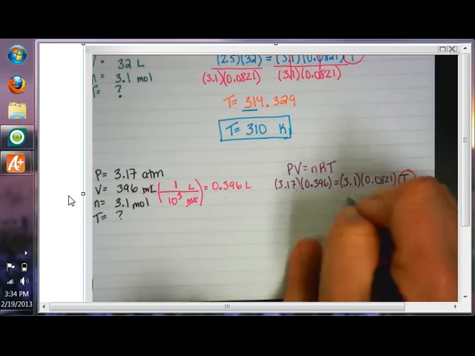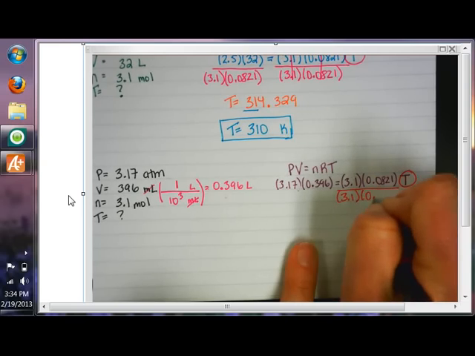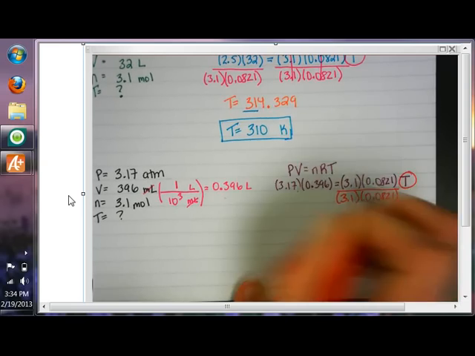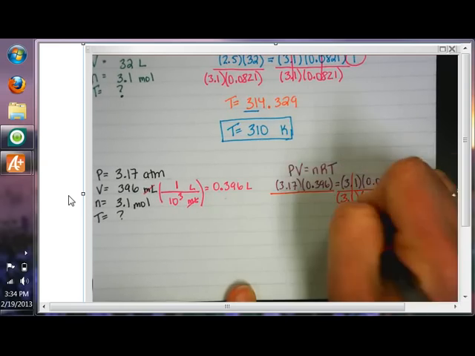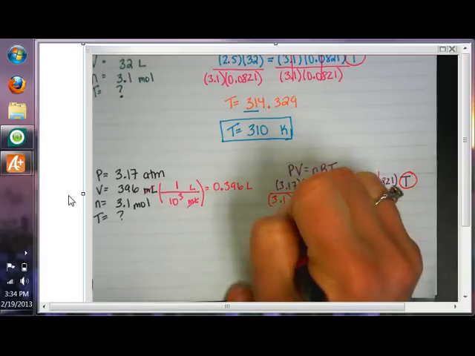So I want to solve for temperature. I divide each side by 3.1 and 0.0821, so those cancel out.